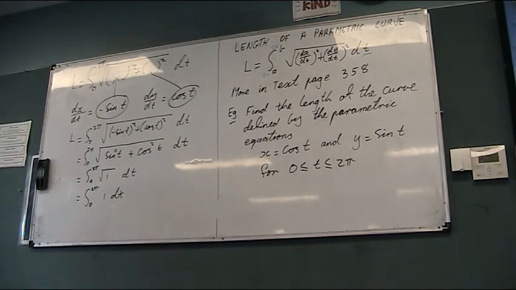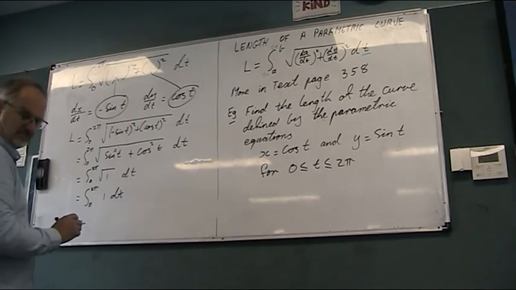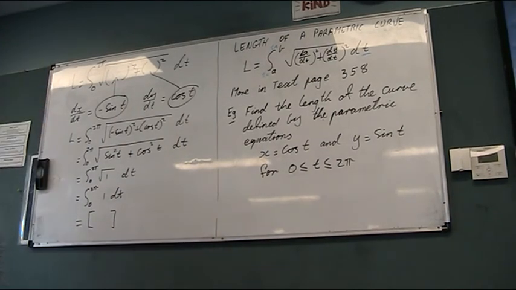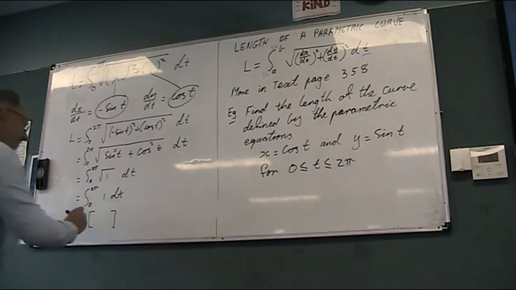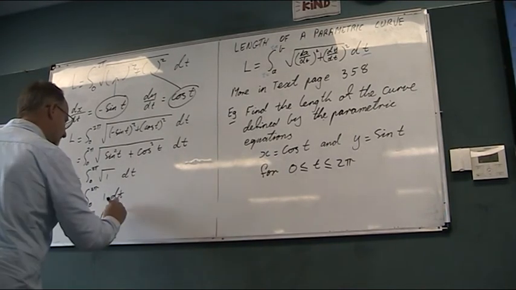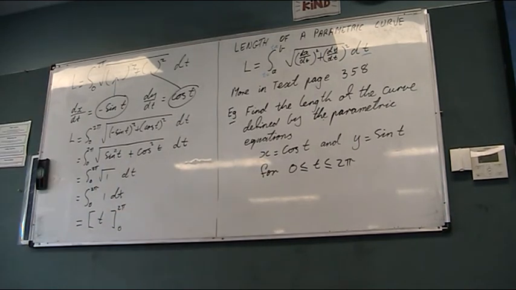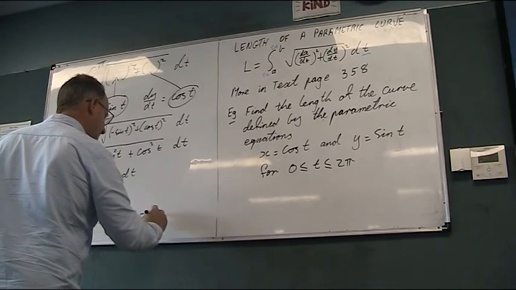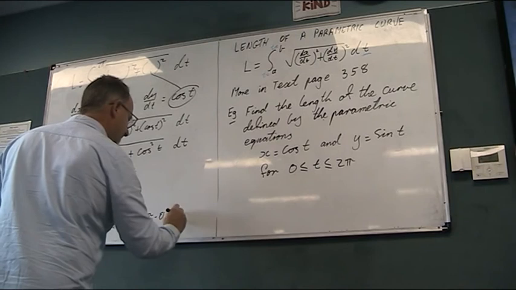When we anti-differentiate 1, in this case the variable we're using is t, so we get t, from 0 to 2 pi, and let's squeeze the answer in here, 2 pi minus 0, which is 2 pi.